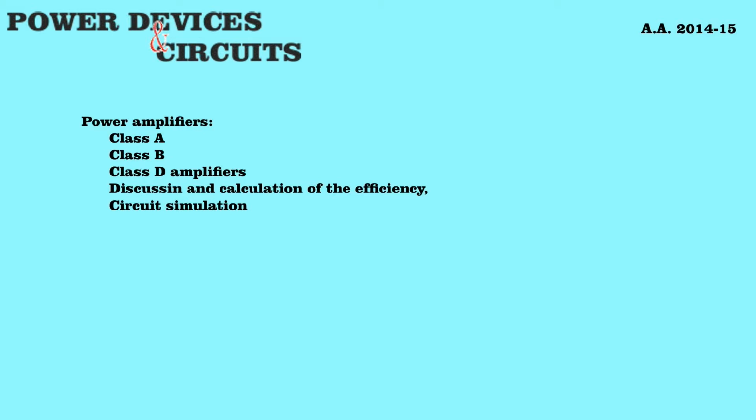You can calculate the maximum by calculating the derivative of the power dissipated on the device as a function of the current, and the maximum will be obtained at this I_P star current. We substitute I_P star in A and get that the maximum power dissipation on the power device is this one.